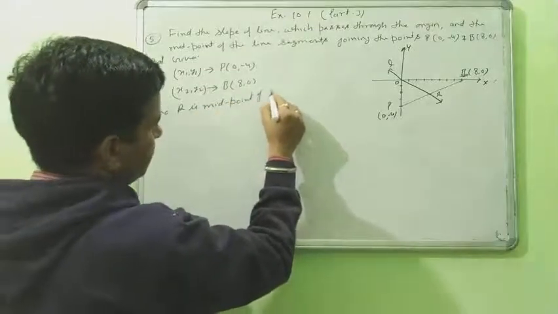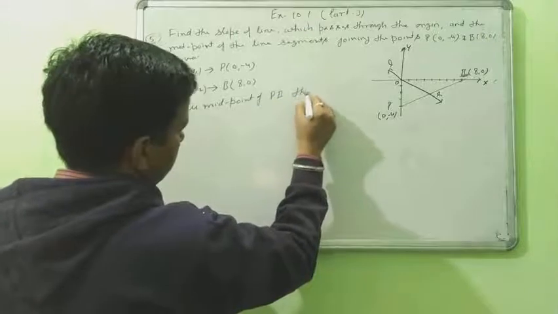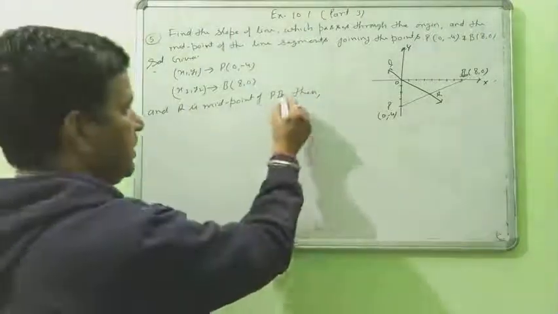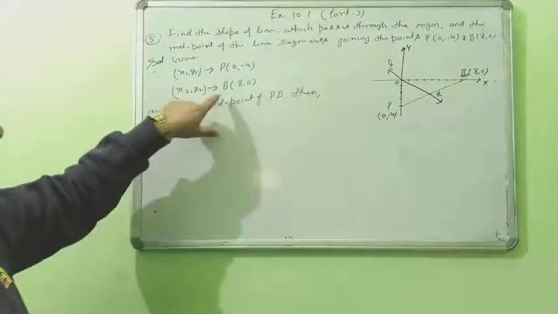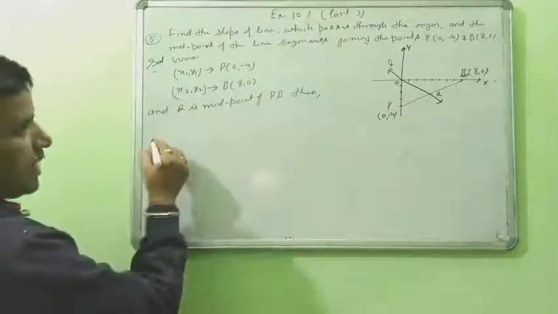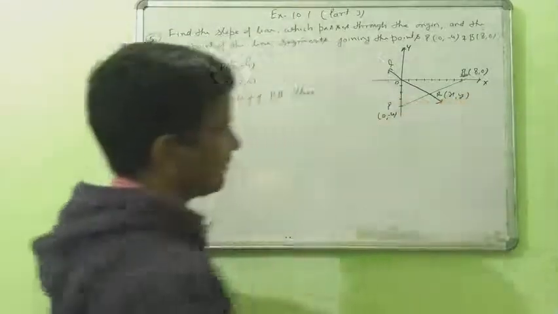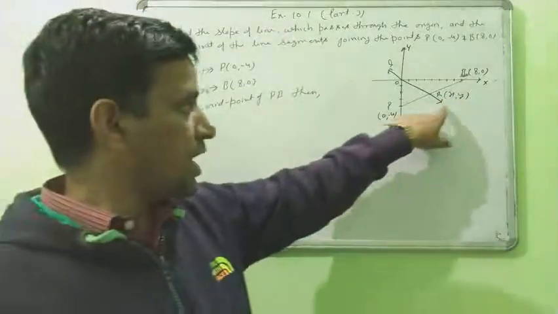R is the midpoint of PB. So what is the coordinate of R? Suppose the coordinate of R is (x, y).